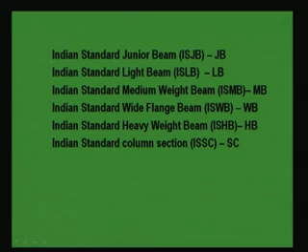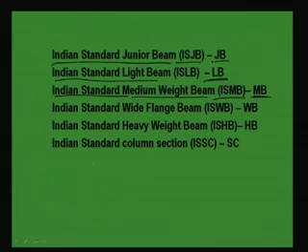Like we used to say ISJB or JB. What is this? It is called Indian Standard Junior Beam, denoted by ISJB. Similarly, Indian Standard Light Beam is denoted by ISLB or LB. Similarly, Indian Standard Medium Weight Beam, ISMB.